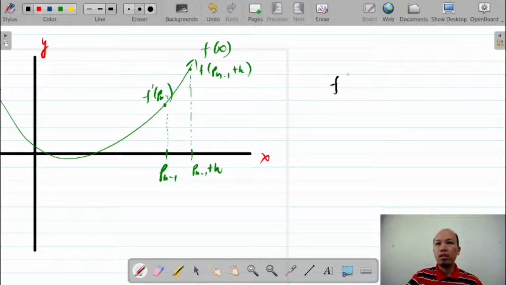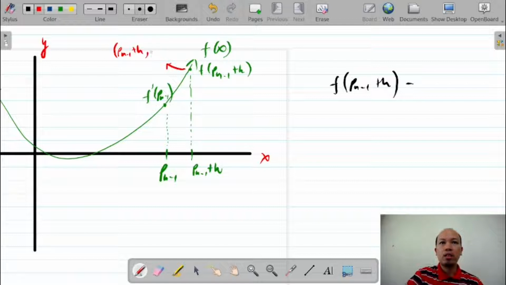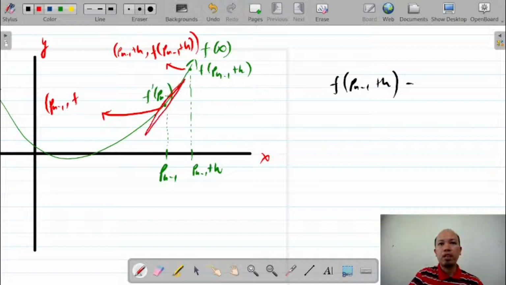The numerator is f of p sub n minus 1 plus h minus, notice that this point is p sub n minus 1 plus h comma f of p sub n minus 1 plus h, and this point is p sub n minus 1 comma f of p sub n minus 1.